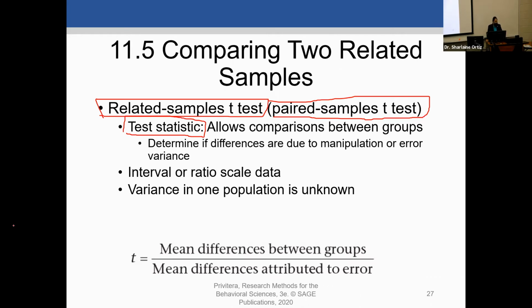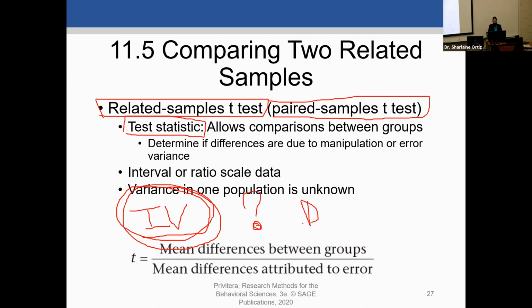The test statistic is there to allow you to see whether it was you, through your manipulation, that made that impact on the variability and the differences, or was it another factor that contributed to those differences between my groups?